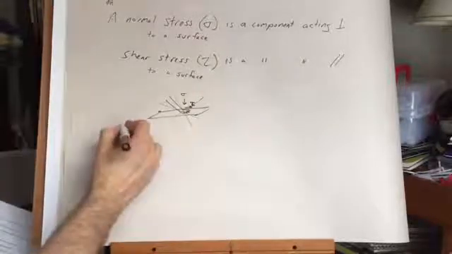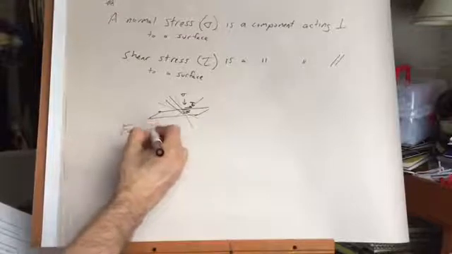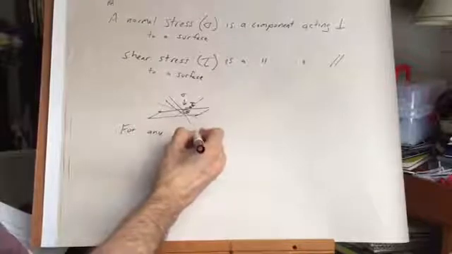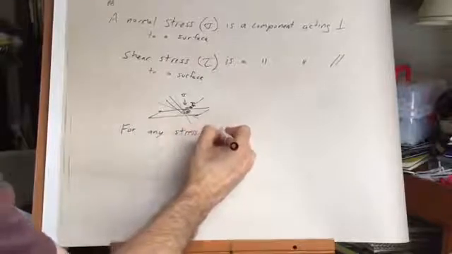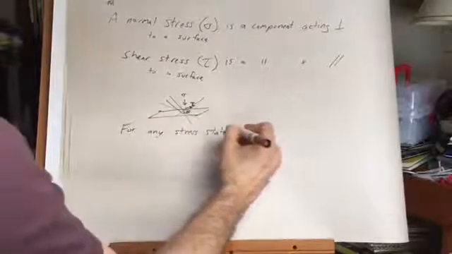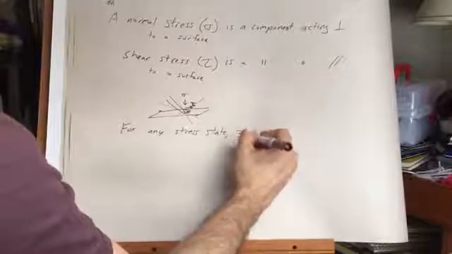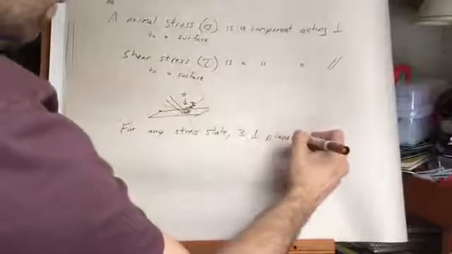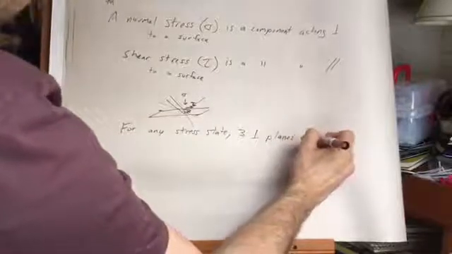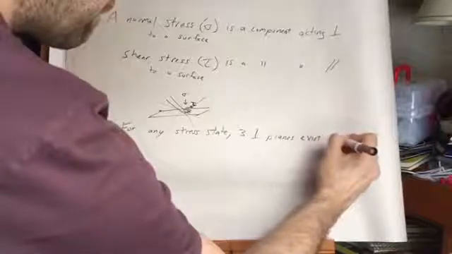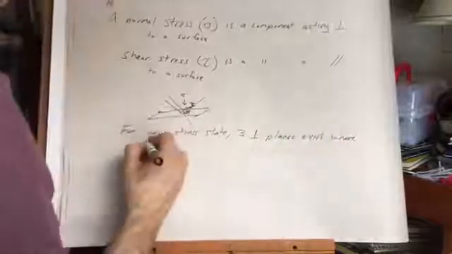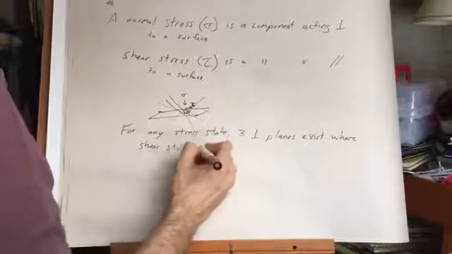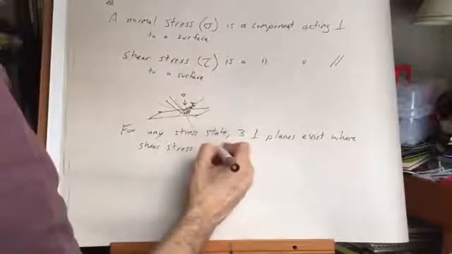So for any stress state, there are 3 perpendicular planes, or 3 perpendicular planes exist, where shear stress is 0.